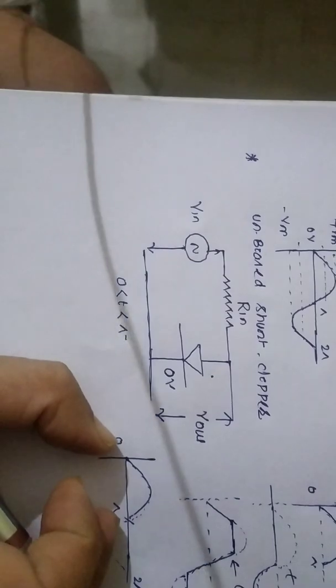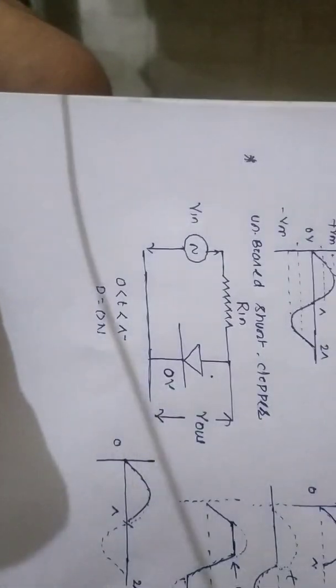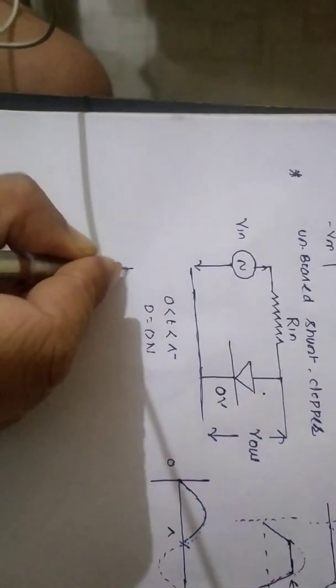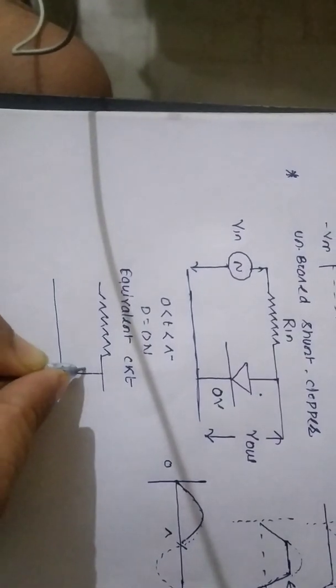If you apply any voltage within this time interval, the diode is in the on state. And once your diode is in the on state, we replace the ideal diode by simply a short circuit. So the equivalent circuit becomes like this, and your output becomes 0 volt.